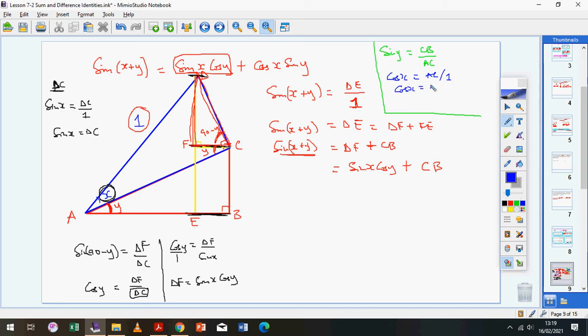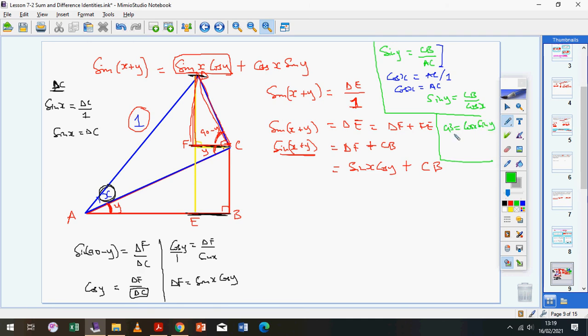So in this formula here, instead of having AC, I'll just substitute it with the cosine of x, and I'll end up with sine y is equal to CB divided by cosine of x. So I can see from there that CB is equal to cosine of x times the sine of y, which is this over here.